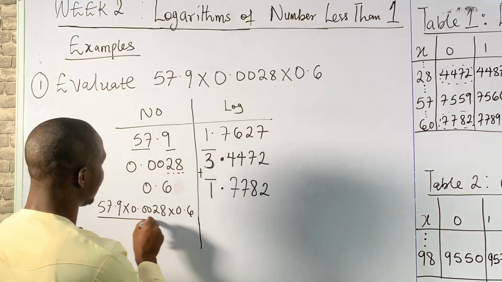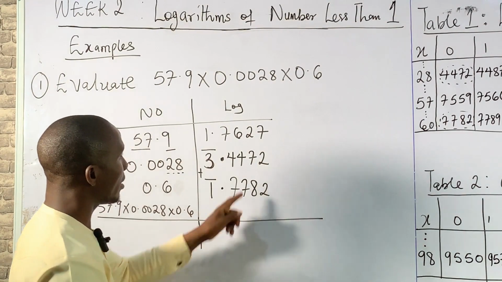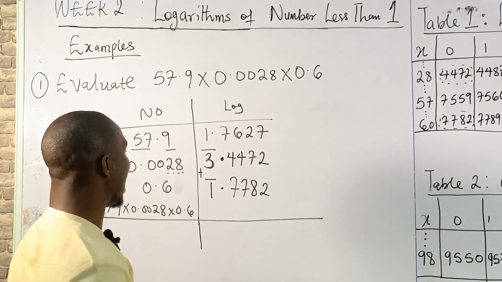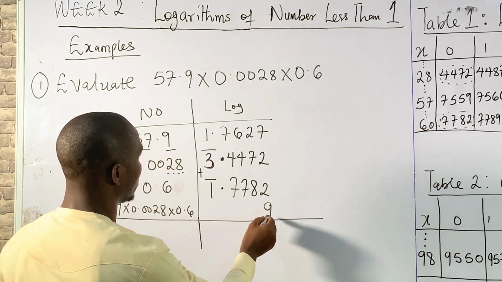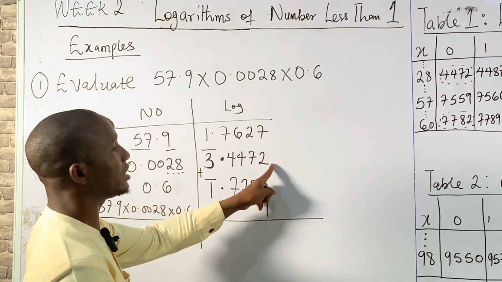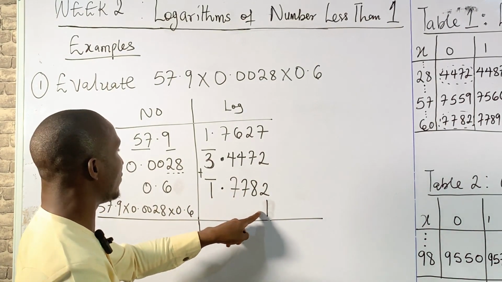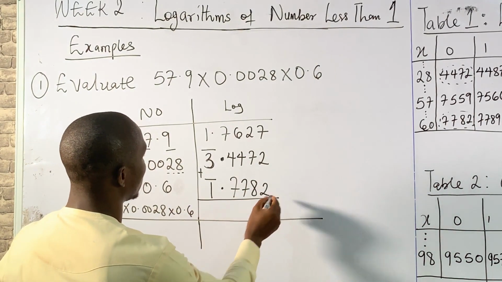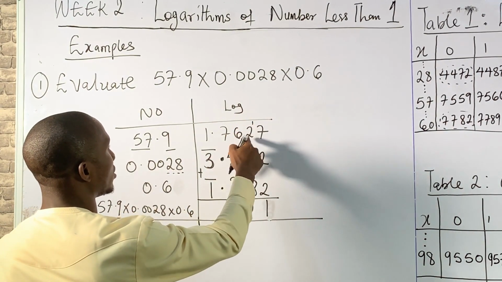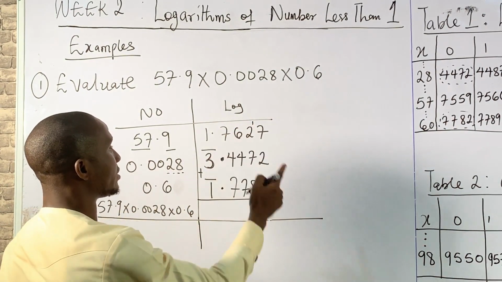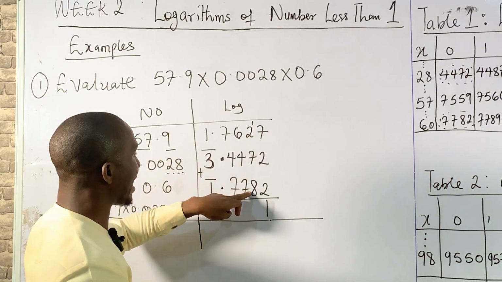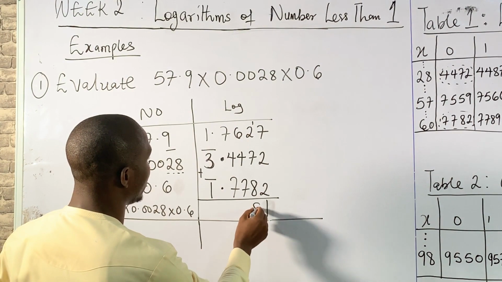So let us add them. 7 plus 2 plus 2 will give us 9. 7 plus 2 is 9. 9 plus 2 is 11. That's 1. Then we carry 1. 1 plus 2 is 3. 3 plus 7, that's 10. 10 plus 8, that will be 18.